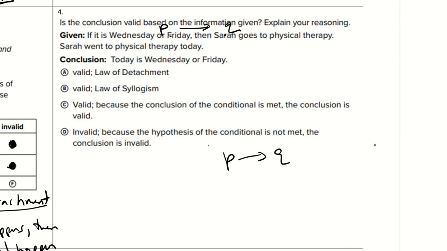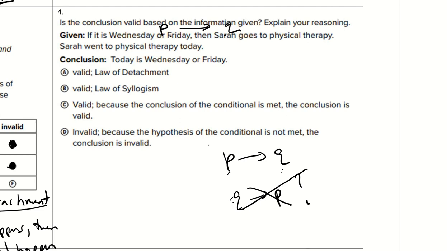Well, it says that if it is Wednesday or Friday, then she goes to physical therapy. But does that mean that if she went to physical therapy, it implies that it's Wednesday or Friday? The answer is no, that is not guaranteed, right? She could go to physical therapy and it not be a Wednesday or a Friday. However, if it is Wednesday or Friday, then for sure she will go to physical therapy, right?